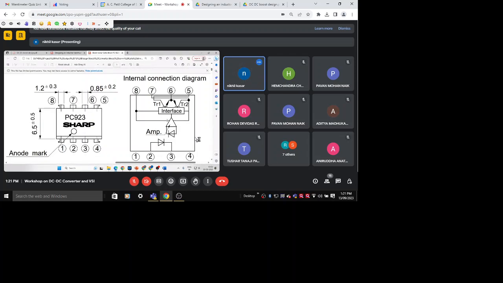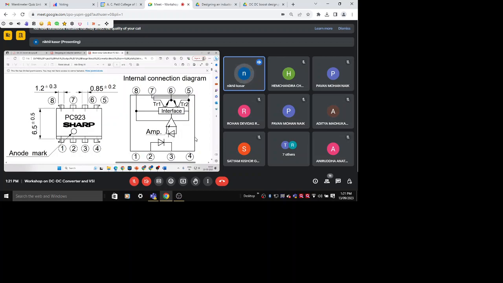Then there is, you can say, a photo transistor. So there is some other circuit also, and there is actually amplification, and there is a photo transistor. So this light falls on the phototransistor's base, and then it generates current in that phototransistor.